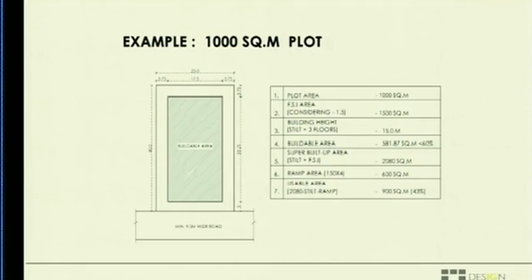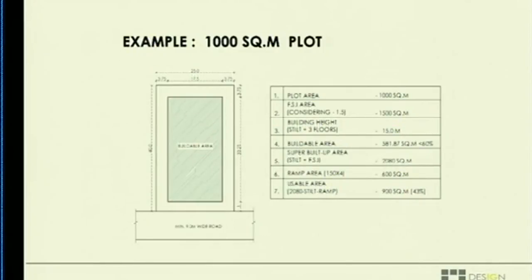Now a ramp is compulsory in a hospital today as per our bylaws. A ramp for one floor, if you follow all the norms, is not less than 150 square meters. So if you are building 4 floors, that is 600 square meters occupied just by the ramp alone. You are building 2,080 square meters, 600 square meters is ramp.